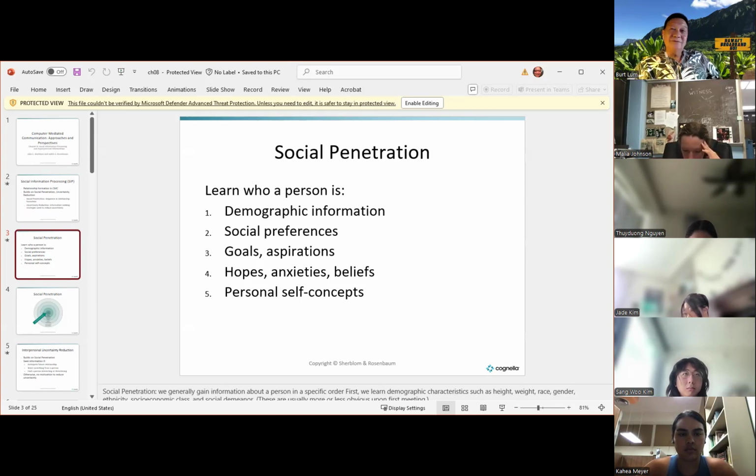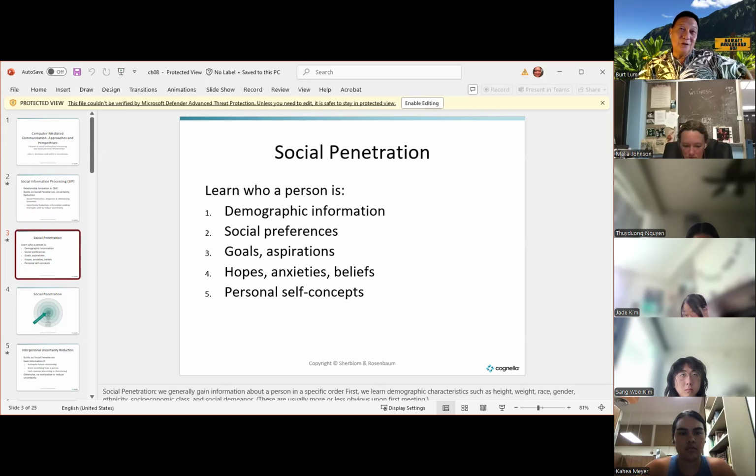They may be your age, they may be of different ages. That's all part of that demographic. Then you look at the social preferences, right? You could look at the crowd and ask, are they white collar workers? Are they blue collar workers? Are they all students? What is the social makeup?